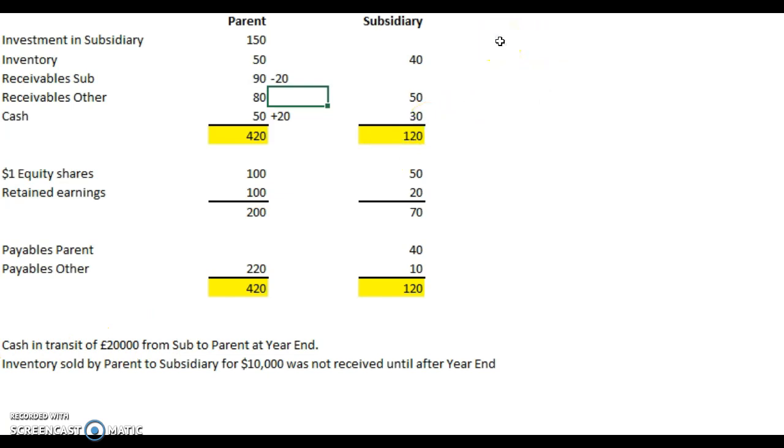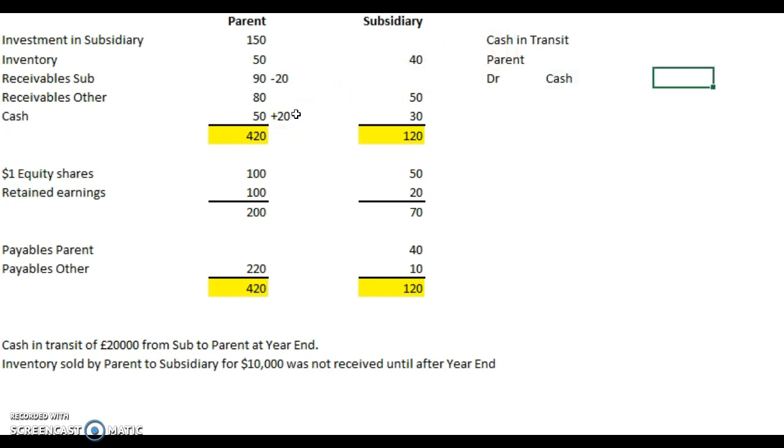We can have a quick look at the double entry for that. So we've got cash in transit, and this is for the parent. We'll do debit. So what are we going to debit? We'll be debiting cash to increase cash.